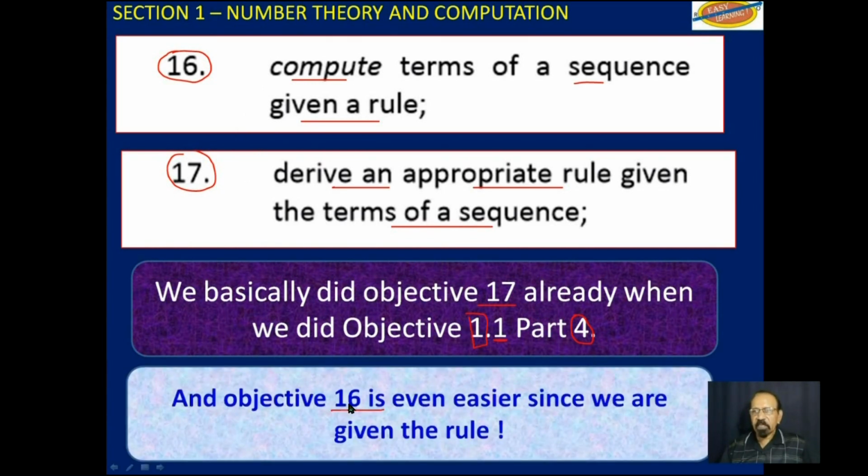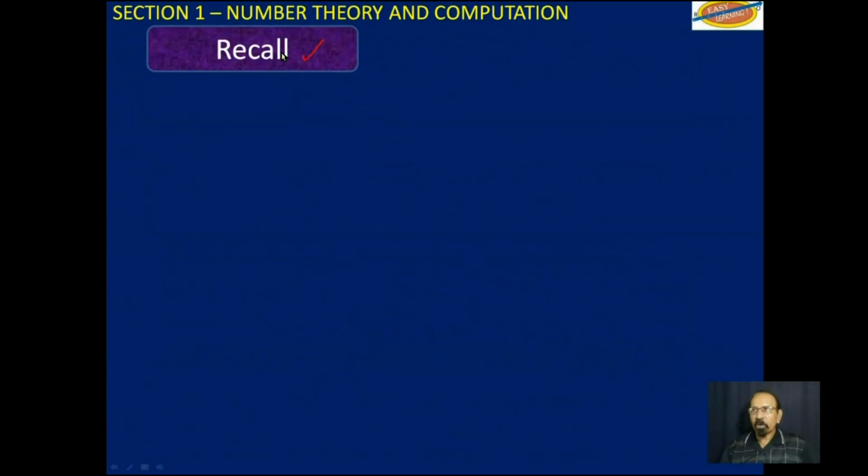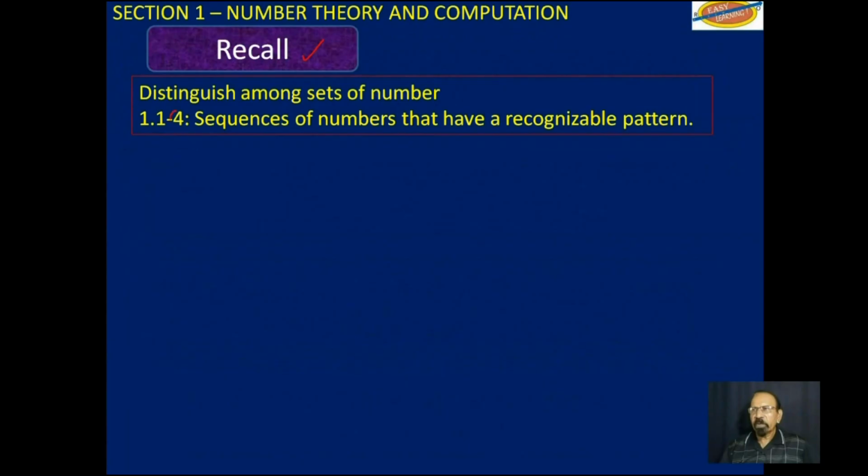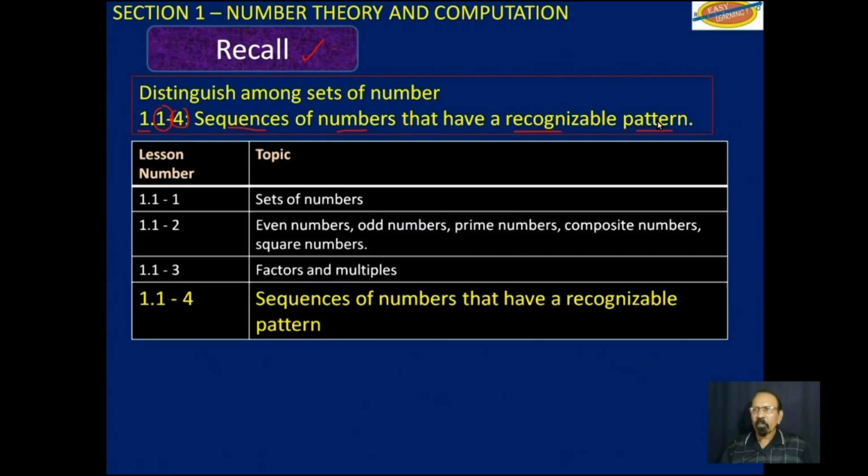And objective 16 is even easier than objective 17, since we are given the rule and we have to supply the terms. So recall, and we are going back to video 4, objective 1, in this same section, when we talked about sequences of numbers that have a recognizable pattern.